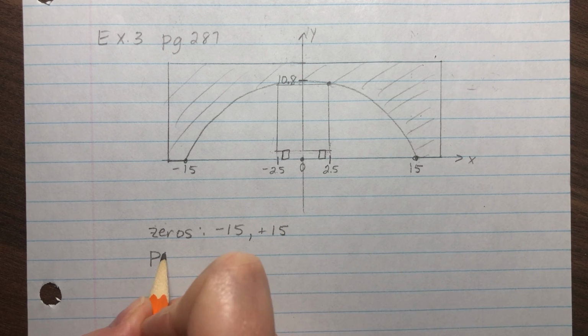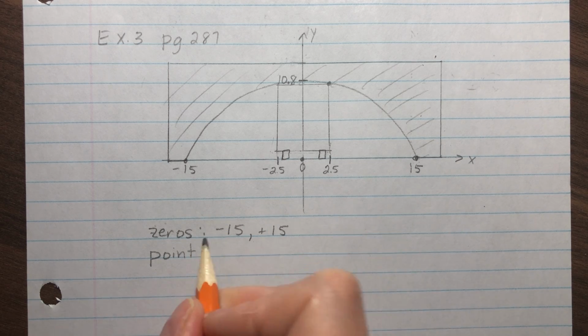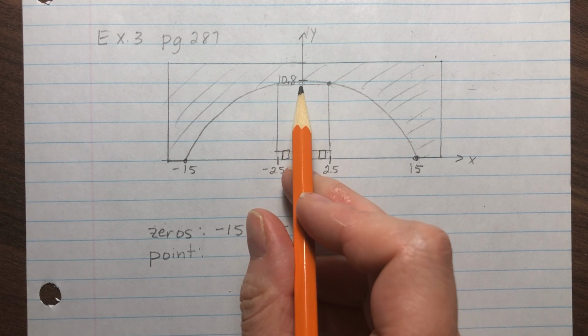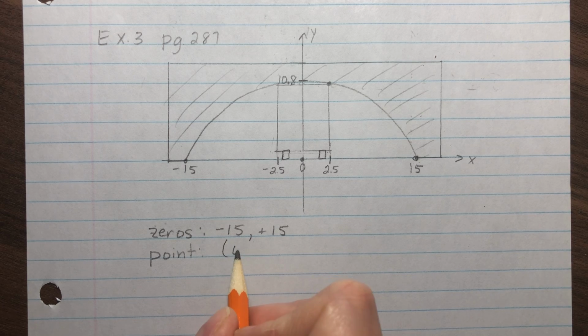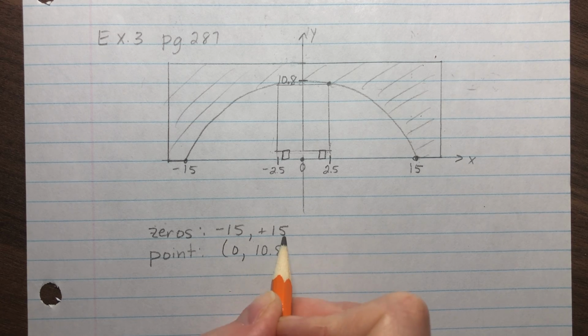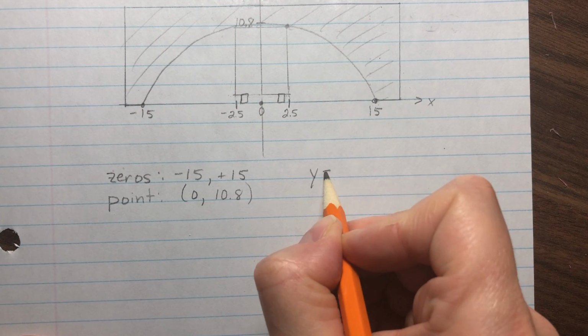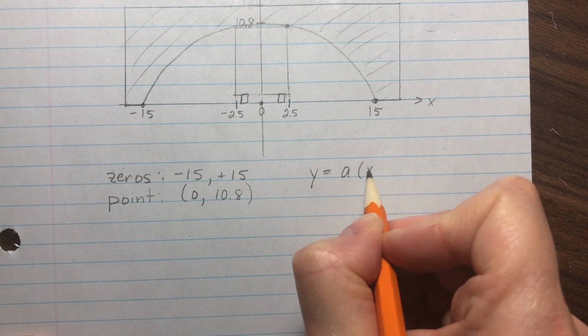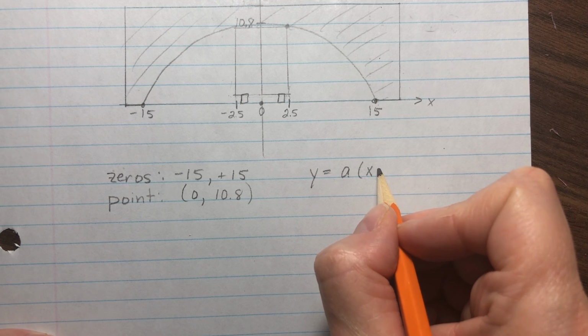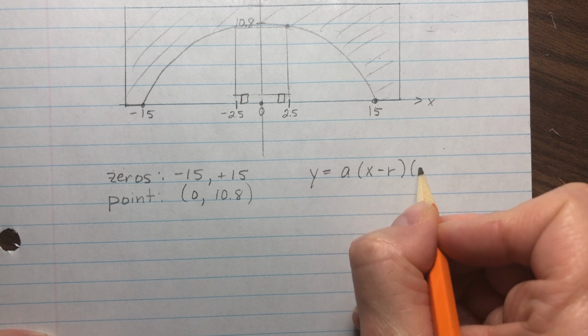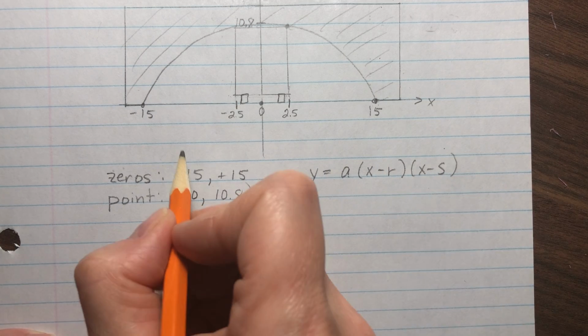The point we also have, because we know what the y-intercept is. So when x is 0, y is 10.8. That's the highest point here. So we're going to sub those values into the factored form, which is y is equal to a times x minus r times x minus s.